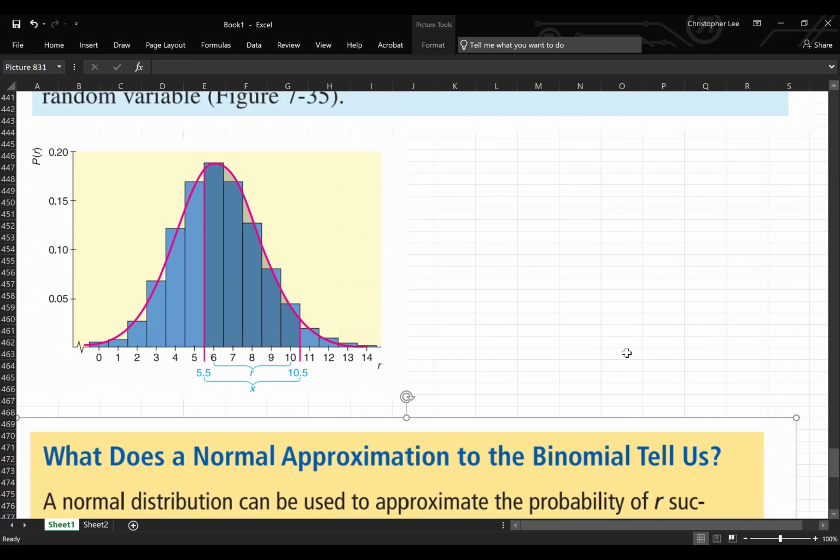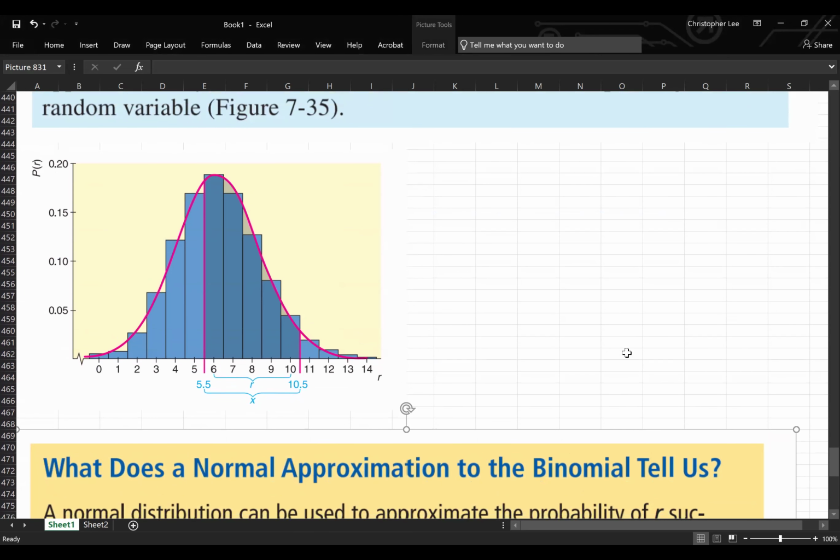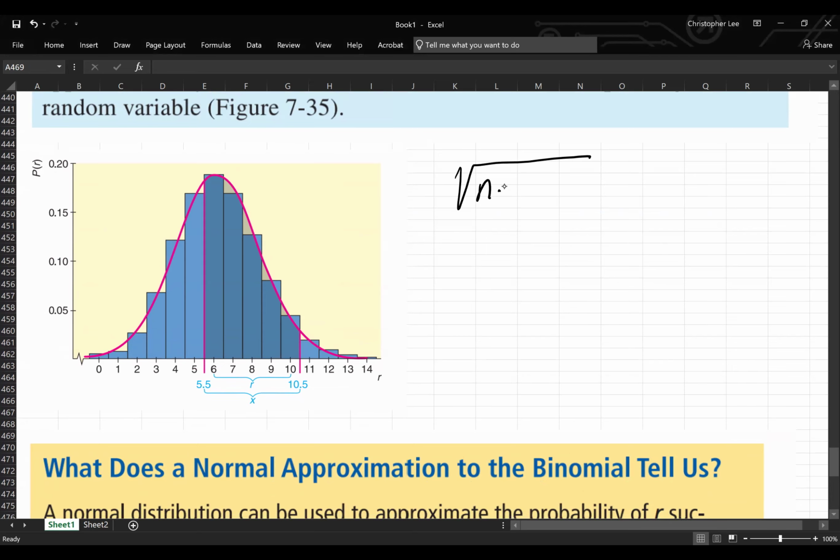So you see your radical is like this, right? N times P times Q. Like this is sigma, right? Sigma squared is the same thing without the radical, N times P times Q. So you just multiply those 3 numbers together and just put it in and that's it.